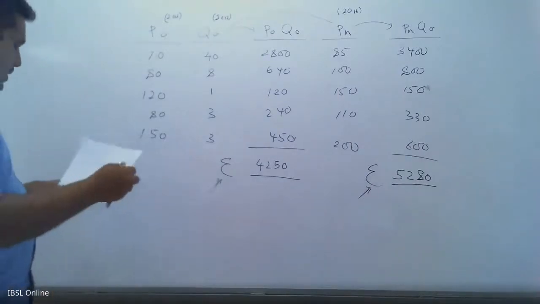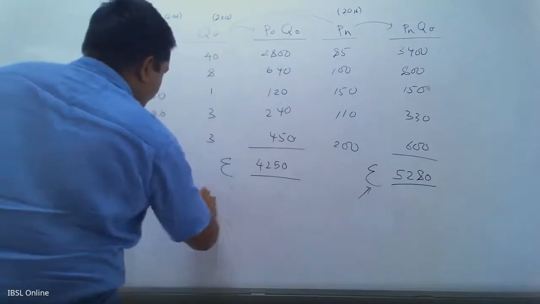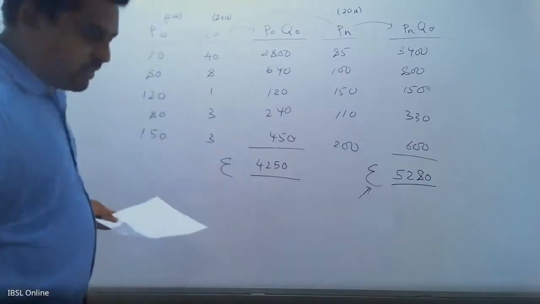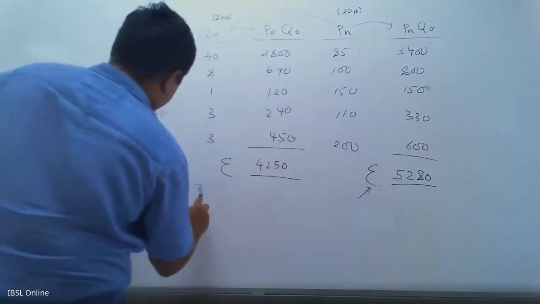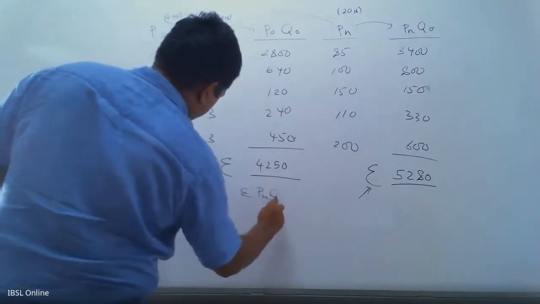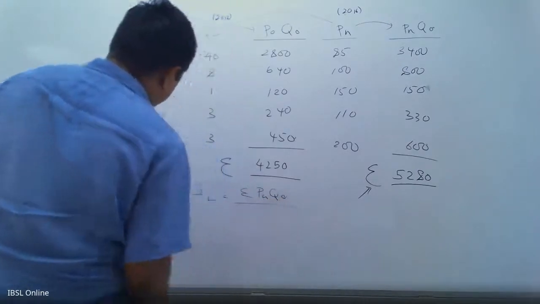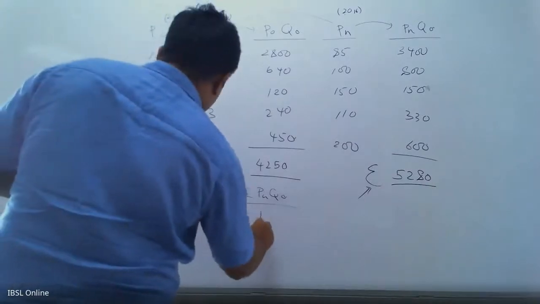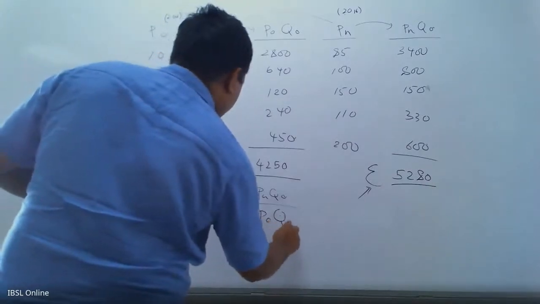So the Laspeyres index says: take the sigma Pn Q0 divided by sigma P0 Q0.